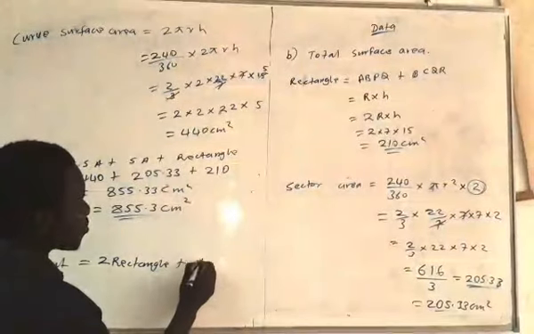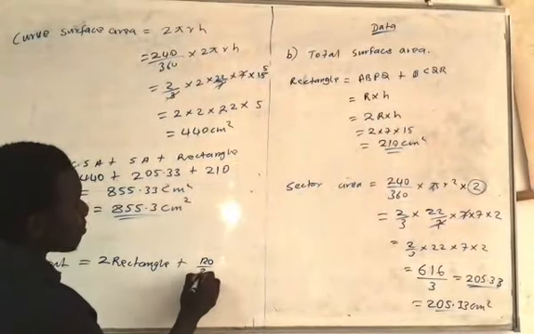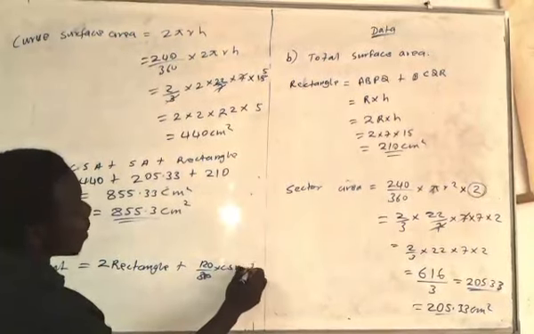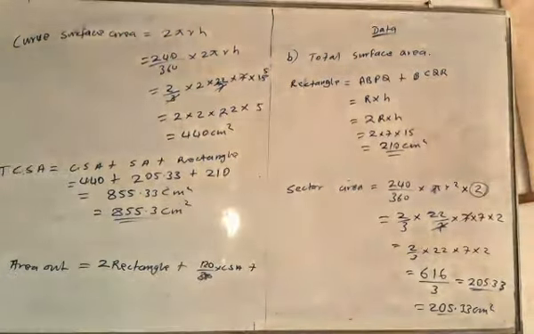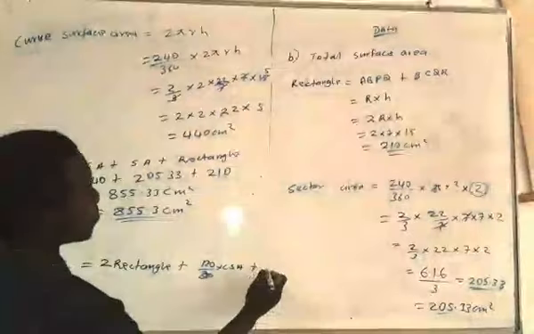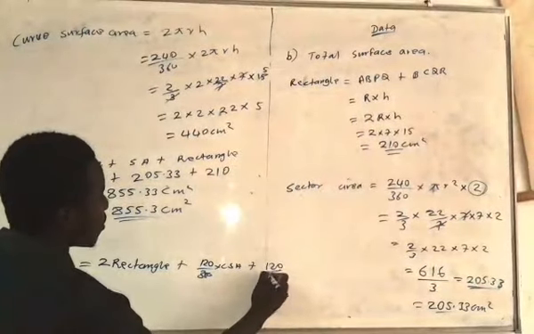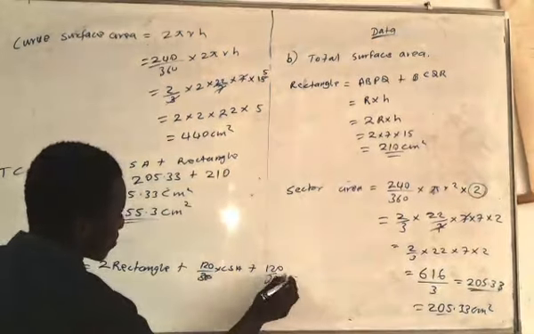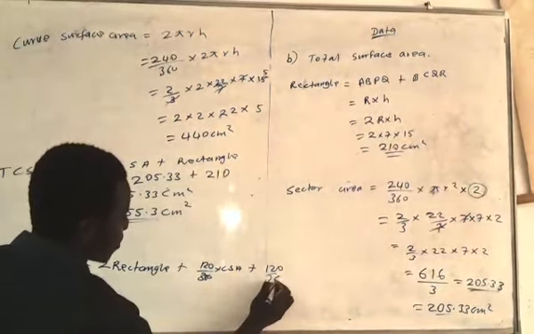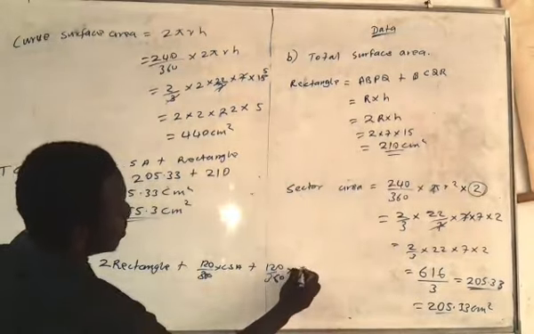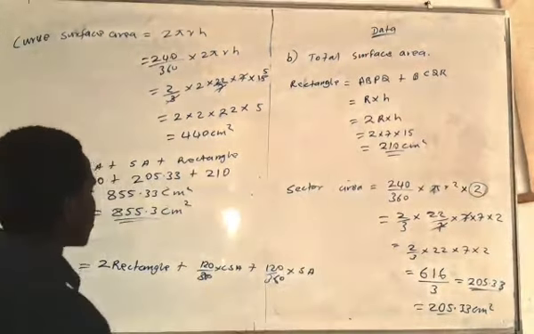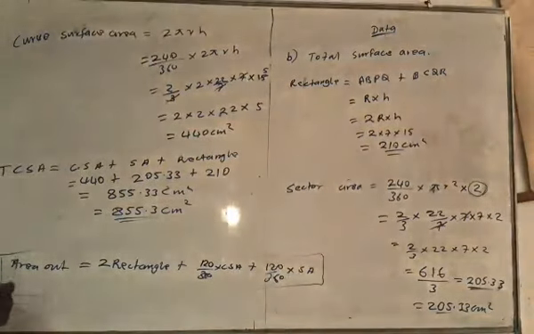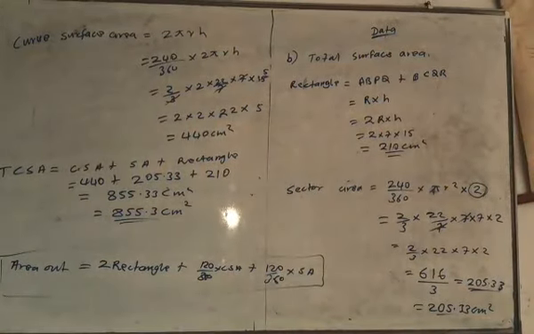So we put 120 over 360 times the curved surface area, plus the sectors, instead of using 240, you will be using 120 over 360 times the sector area. So this will be the formula you are to use if you are asked for the area that was removed.